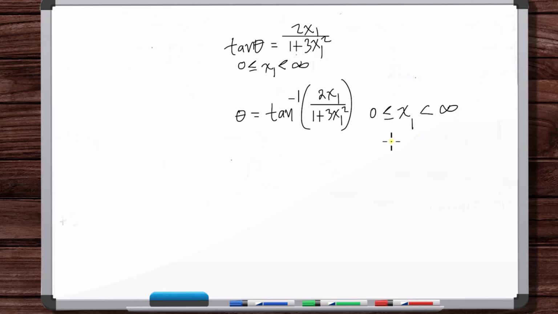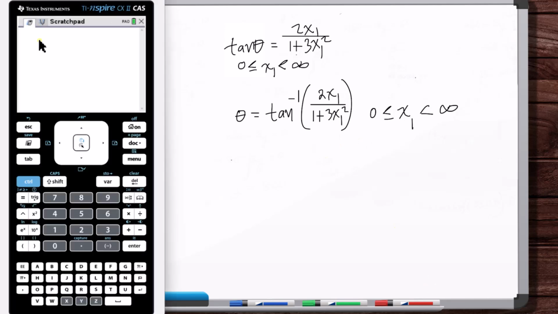This is not a closed interval, so we need to use the alternate analysis techniques. Let's plug this in as a function: 2 times x divided by 1 plus 3 times x squared. What is theta when x is equal to 0?